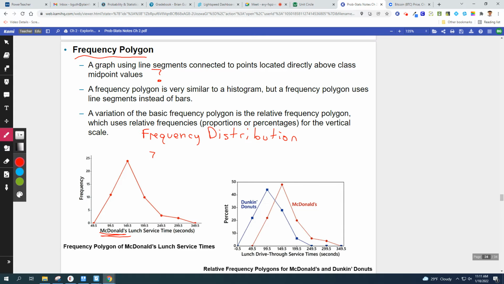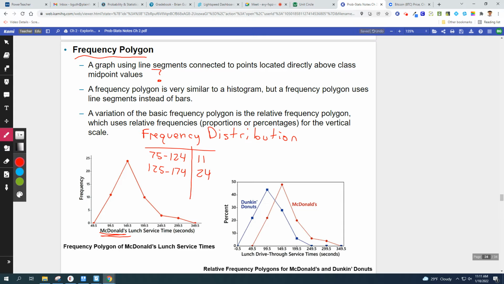There were some times between 75 and 124 seconds, and there were 11 of them. And then between 125 and 174, there were 24 of those numbers. I'm not going to finish the chart or the distribution, but that's kind of what it started as.